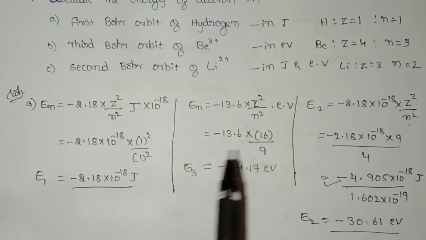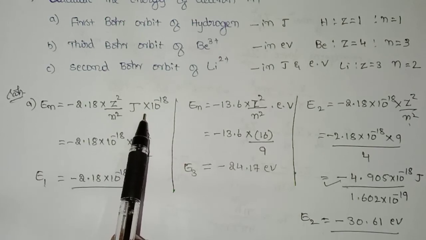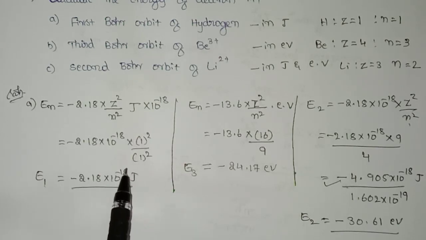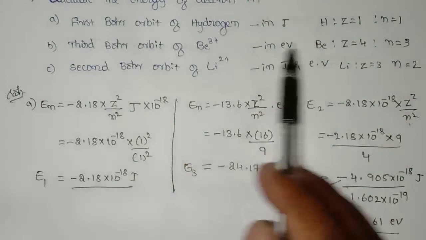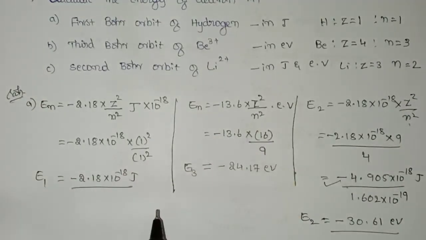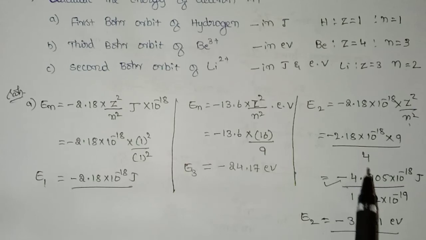So if you want to remove an electron from the first shell of the hydrogen atom, you are supposed to supply this much energy. And if you want to remove an electron from the third orbit of the beryllium ion, you are supposed to supply this much energy in terms of electron volt. The same applies for the lithium ion in terms of joules or electron volt.